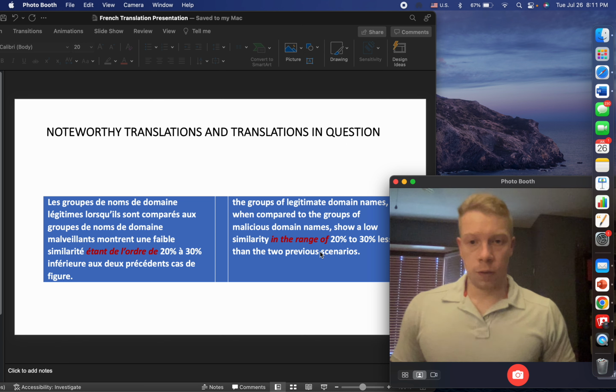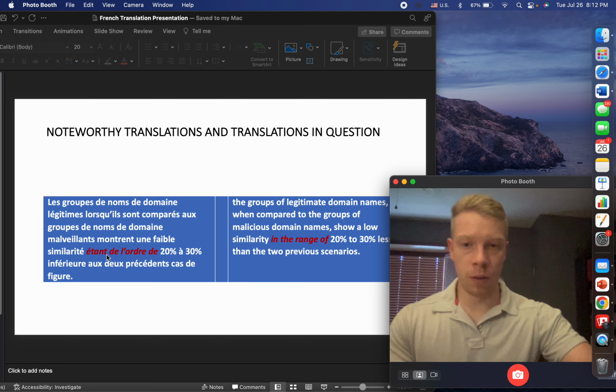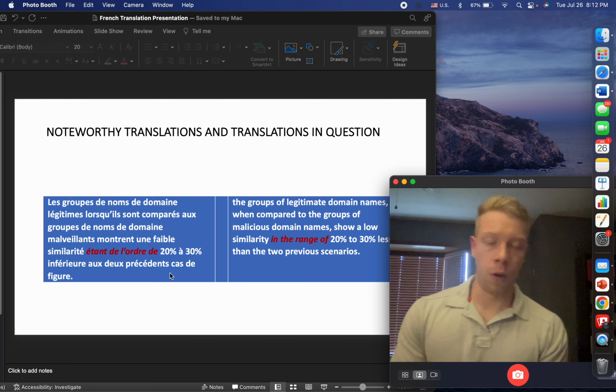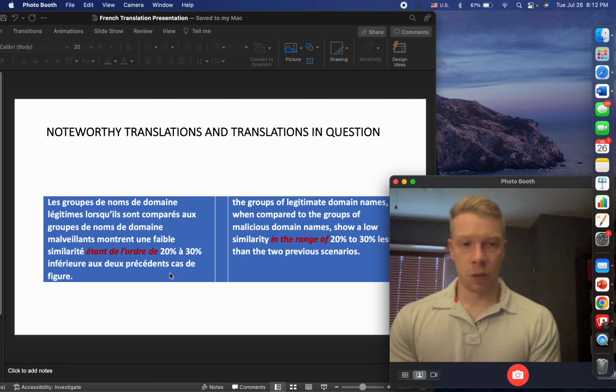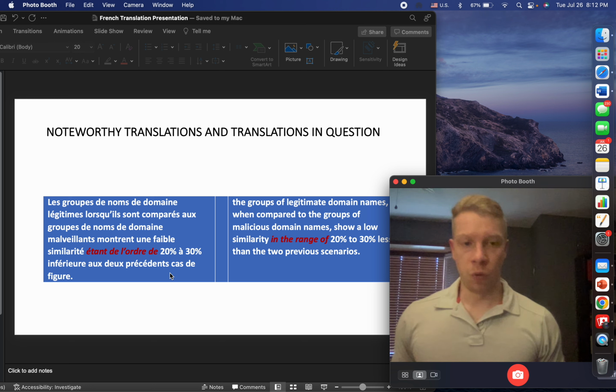Another phrase worth noting. Literally, this here in red would translate to "being of the order of 20 to 30%." In English, again, this sounds strange. So here in this case, I actually had to do some searching in more concise dictionaries, as well as some corpus dictionaries, to find additional translations using this phrase.